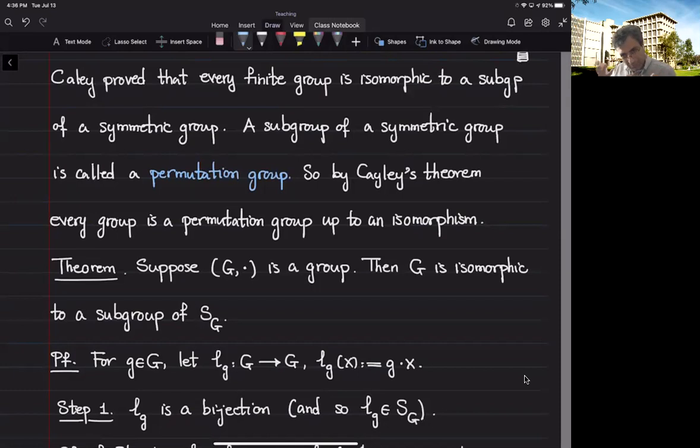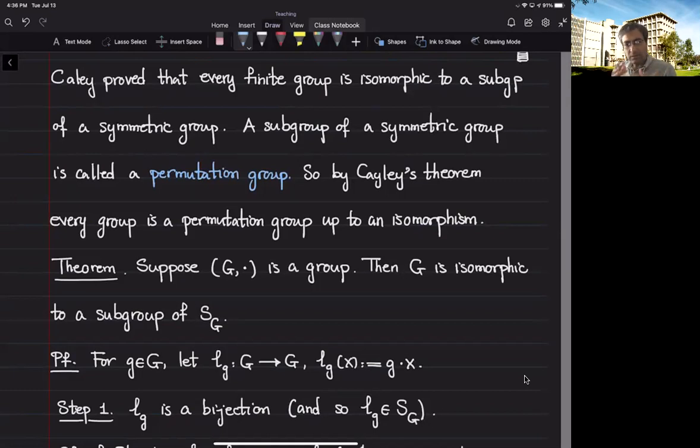So we saw some techniques of showing two groups are not isomorphic. Now, next we are going to show Cayley's theorem. Cayley showed that every abstract group can be viewed as a subgroup of a symmetric group.